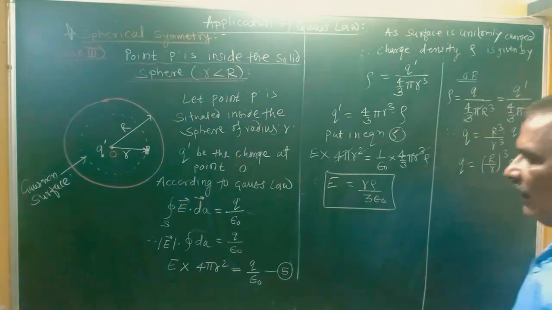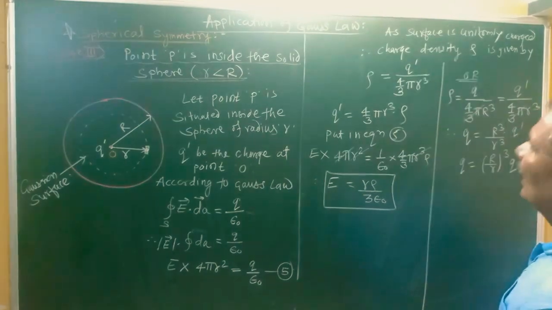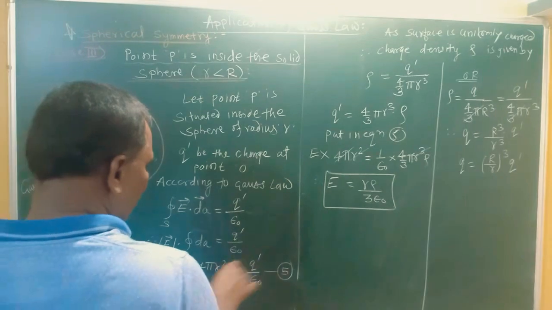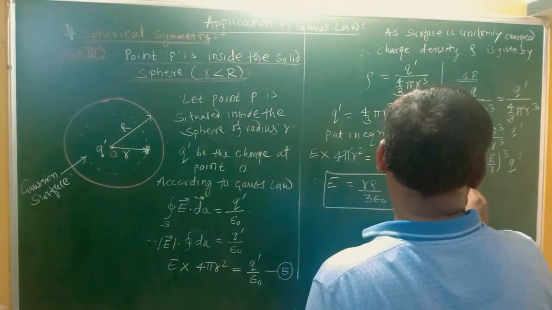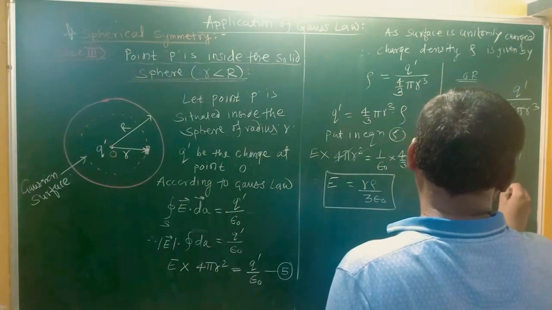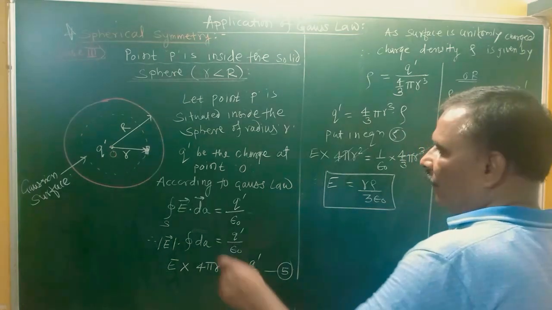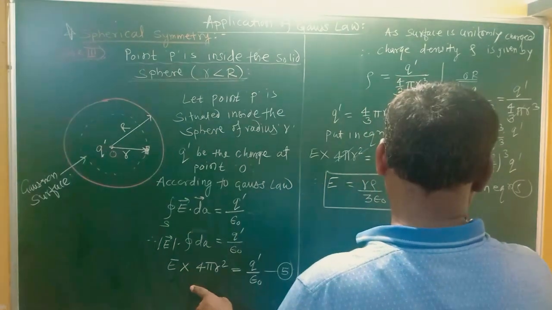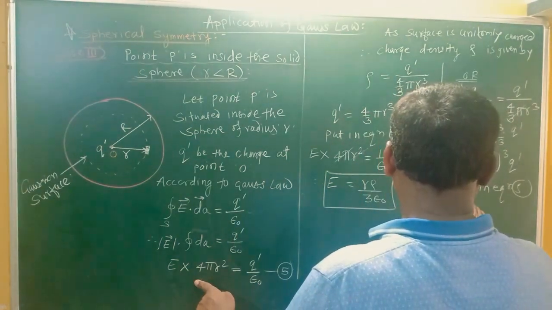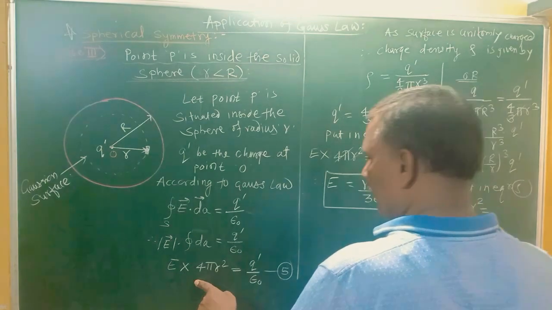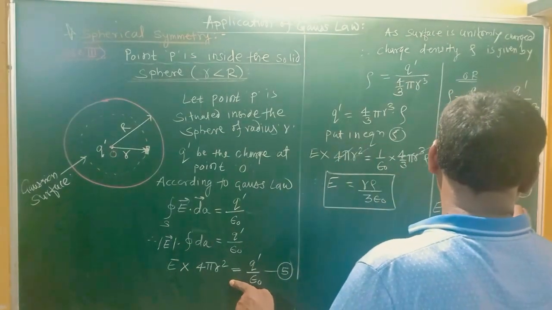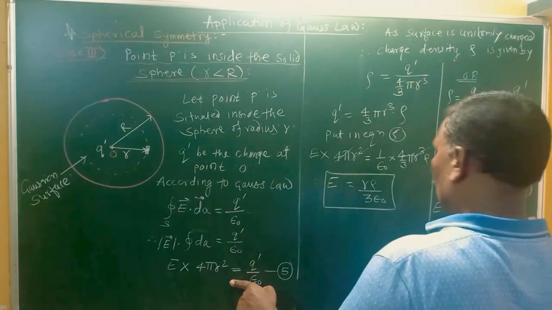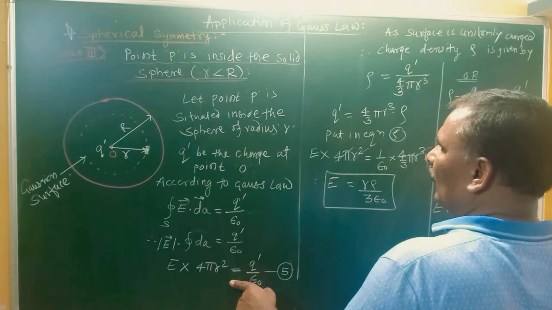Now substitute this value in equation number 5. E into 4 pi R square is equal to Q, that is R upon small r, into Q dash.